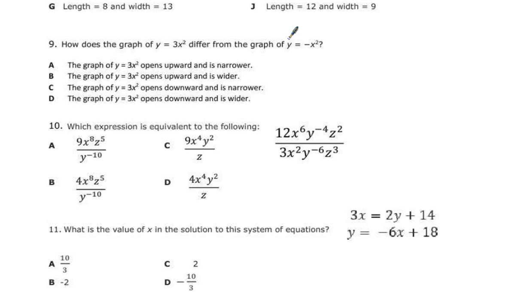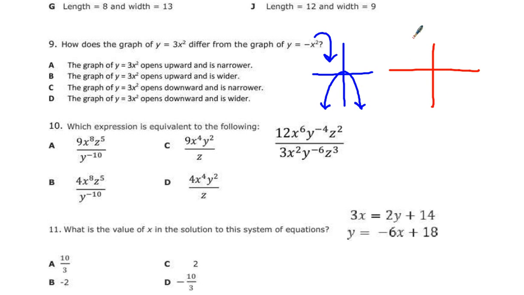But comparing him over here to negative x squared is almost our parent function, except he's reflected across the x-axis. So this is this guy, and our 3x squared would look like this. And again, you can always plug these into your calculator. So you'll see he's going to be a little skinnier, and he's going to look something kind of like that. All right, so let's look at our answer choices. So our new graph, he opens up.